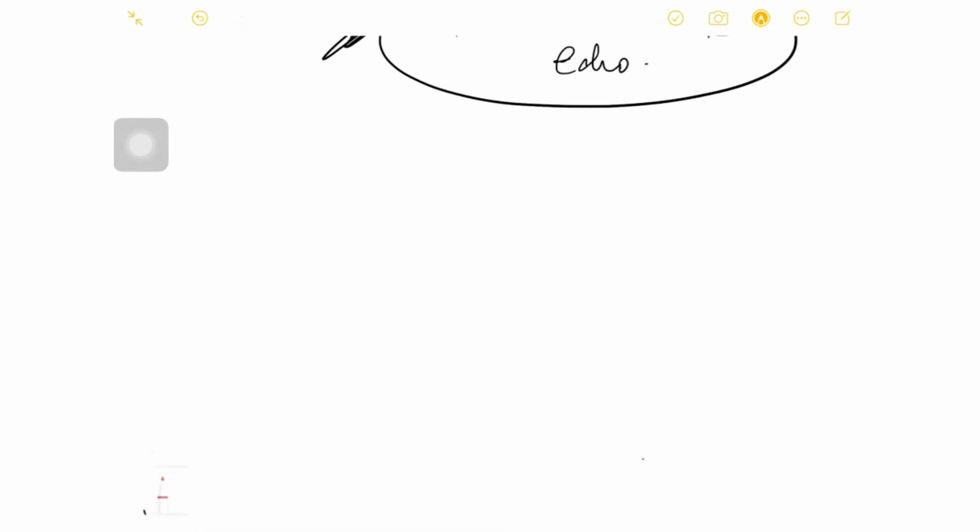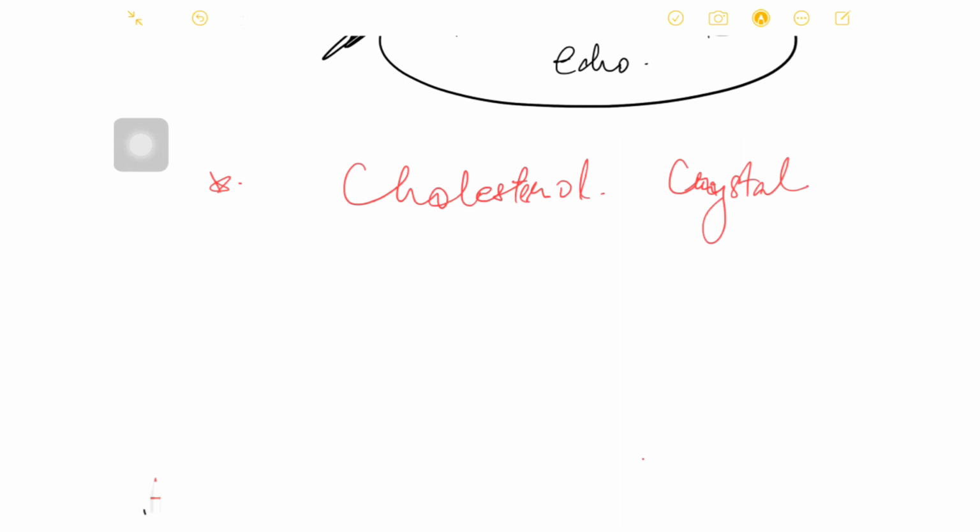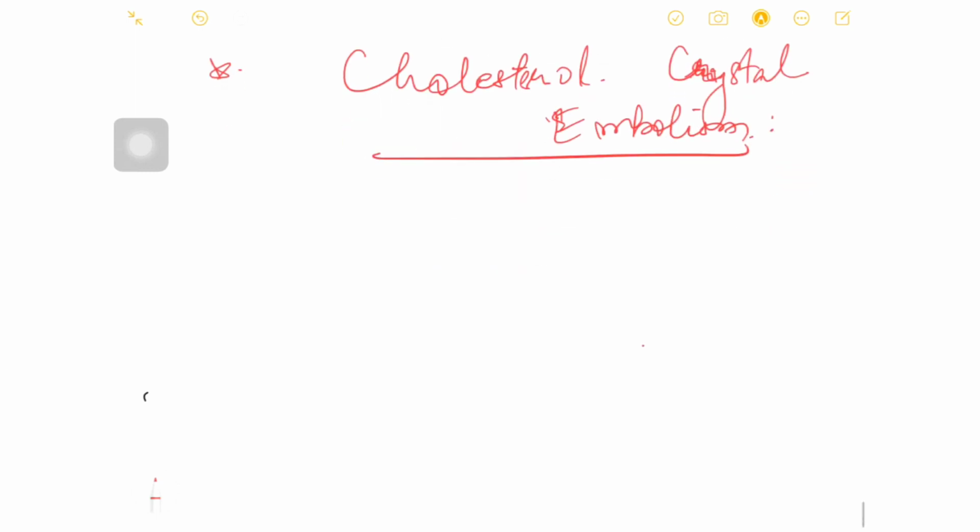One more kind of similar topic is cholesterol crystal embolism. This is the most easy one because the typical findings that you see in cholesterol crystal embolism are not seen anywhere else. Anybody knows a few clinical presentations?